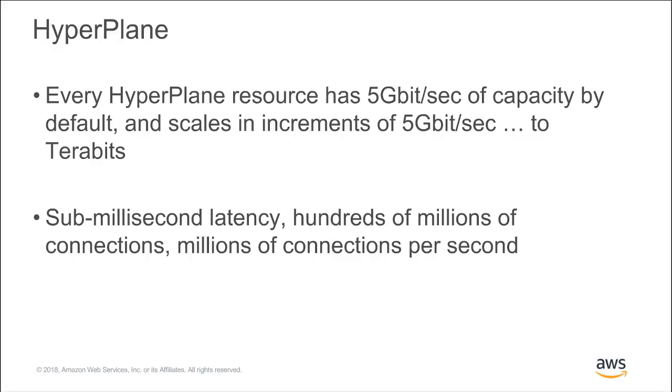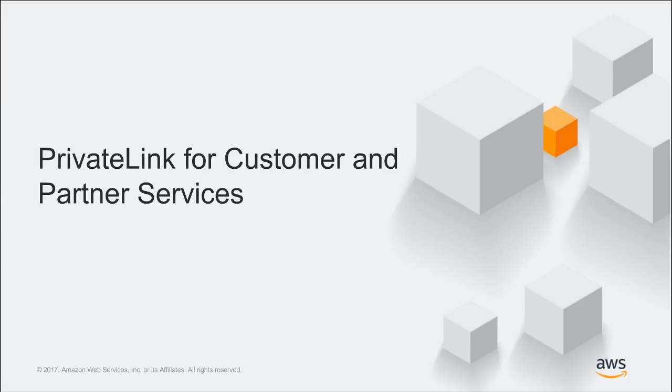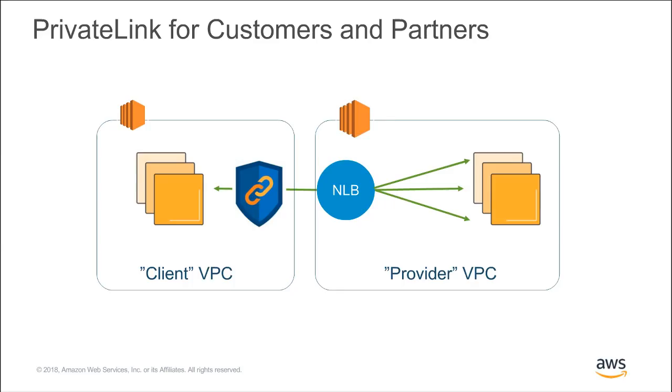And so now that we understand Hyperplane as this system that's operating in the VPC network, provisioned in this way, and then it's multi-tenant and shared by customers, it's easier to make sense of PrivateLink for customer and partner services. The way to think about it, logically, is that it's a combination of NLB and PrivateLink.